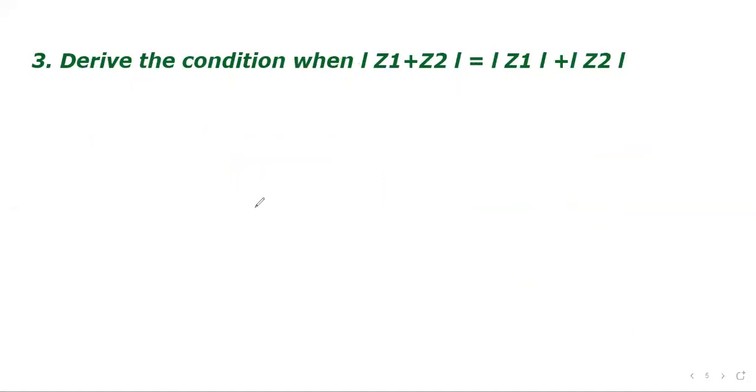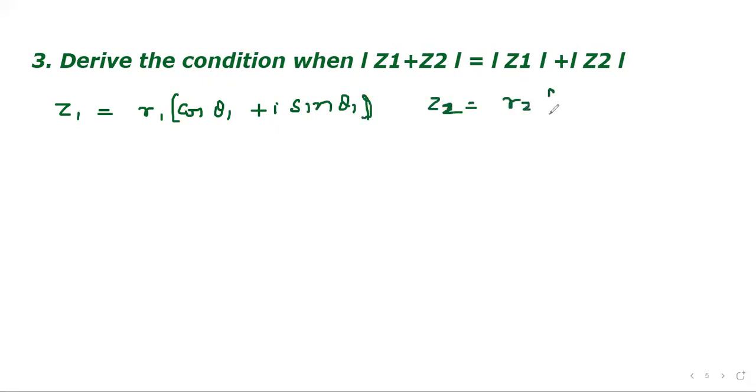Now consider next question. Derive the condition when modulus Z1 plus Z2 equal to modulus Z1 plus modulus Z2. So let's see the solution. Z1 equal to R1 cos theta 1 plus iota sin theta 1, and Z2 equal to R2 cos theta 2 plus iota sin theta 2.